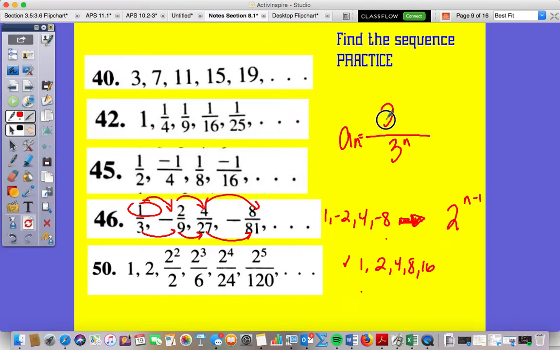Well, we know that this would be 2 to the n minus 1. And then in order to fill it in a little bit, to be able to get the positive, negative, remember, how did we do that up here? I'm just making sure if I can put in.